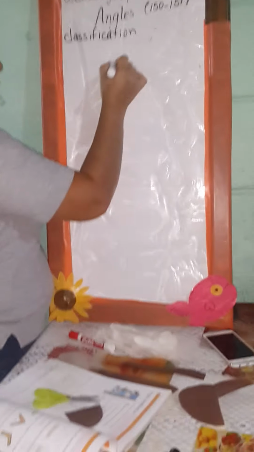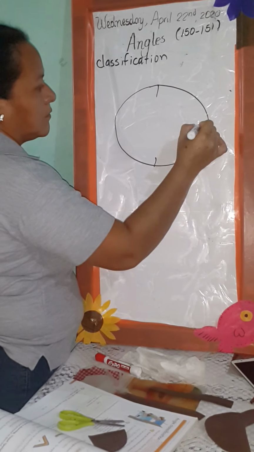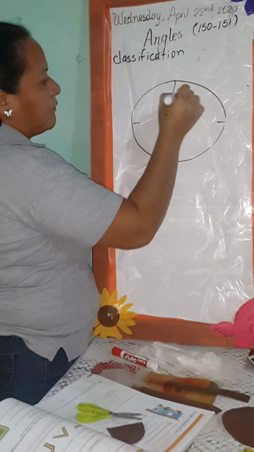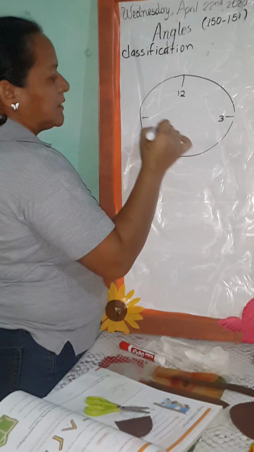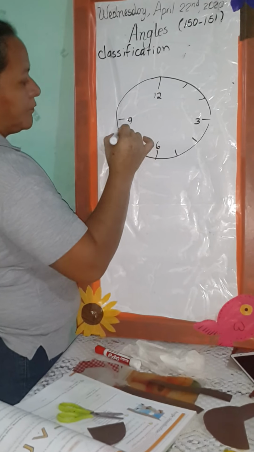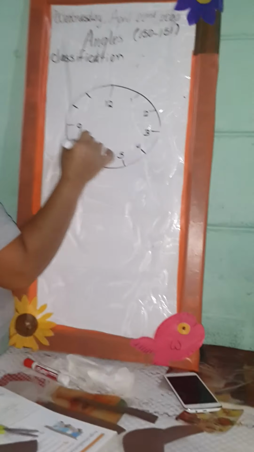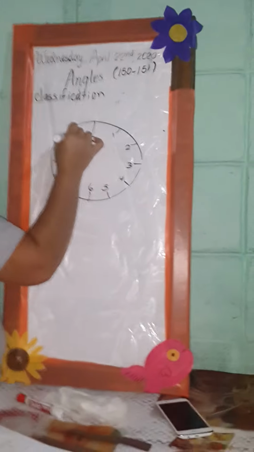Where can I find angles? Well, you can find angles in whatever thing that you see. But let's draw a clock. I have a clock here. 12, 3, 6, 9. 1, 2, 4, 5, 7, 8, 10, 11.